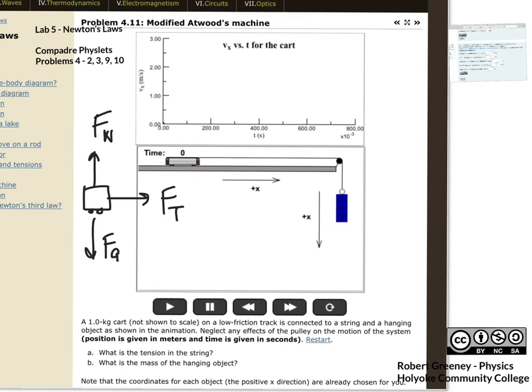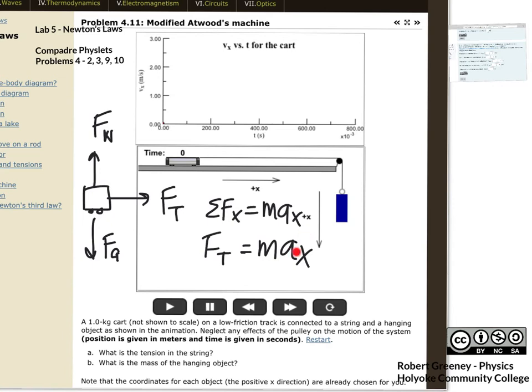And so we now use the forces in the x direction to get the tension force. So write that out. We write sum of the forces equals max. The only force in the x direction is the Ft. That's equal to max. And so we simply get the tension force by multiplying the mass times the acceleration.